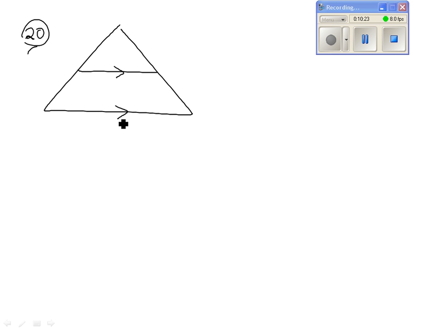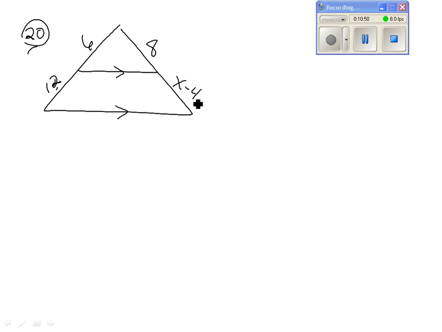In problem 20, this part is 12, this part's 6, this part's 8, and this part is x minus 4.